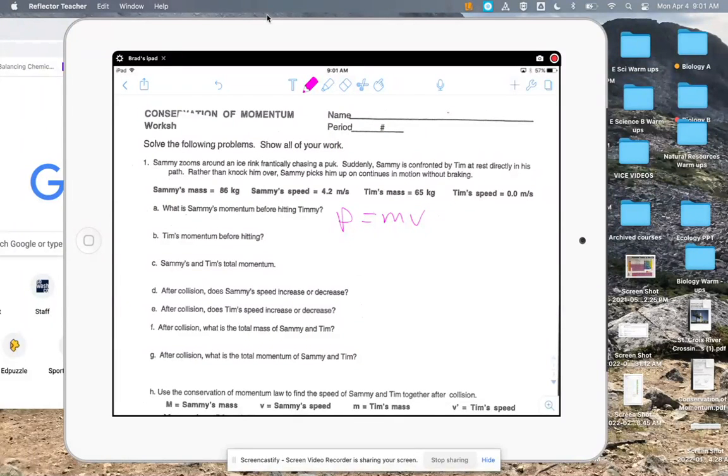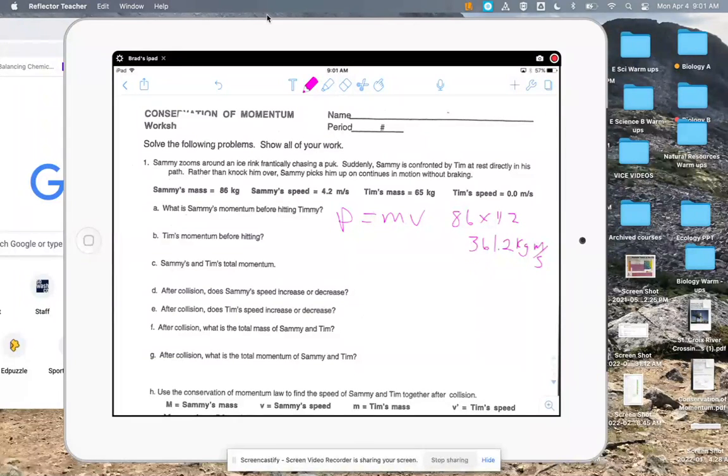All right, so plugging in those values, Sammy's mass is 86 kilograms, and his speed is 4.2 meters per second. So 86 times 4.2, that's going to give you a value of 361.2 kilogram meters per second. That is his momentum.